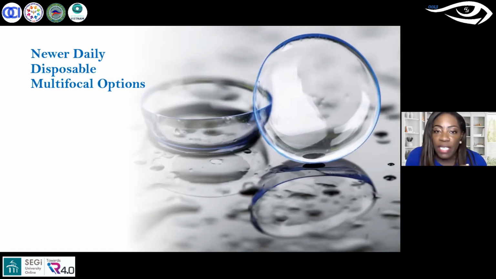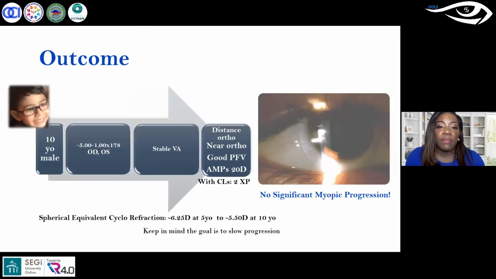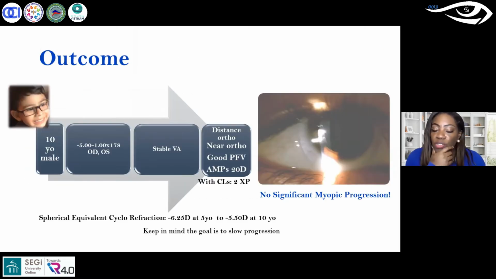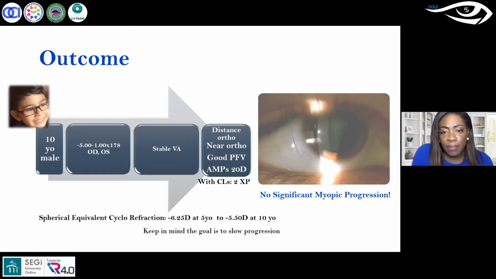So I chose one of those lenses and used it with my patient, Sammy. And what were the outcomes? Now he is 10 years old, and he has excellent vision, good binocular vision, and no significant myopia progression during this time at all. So great outcomes with the soft multifocal lens.